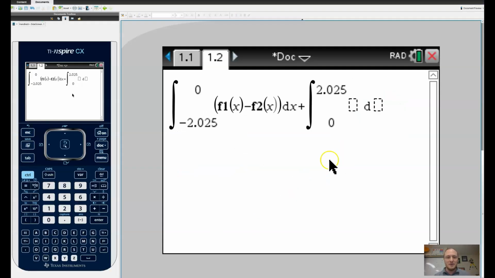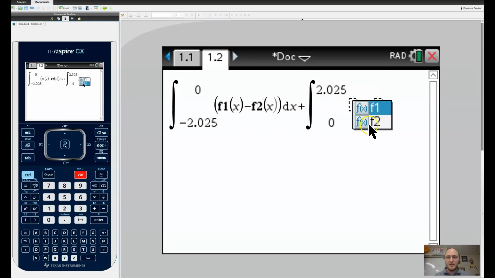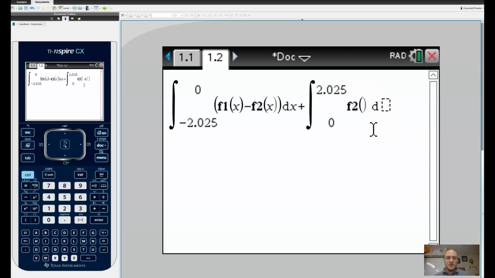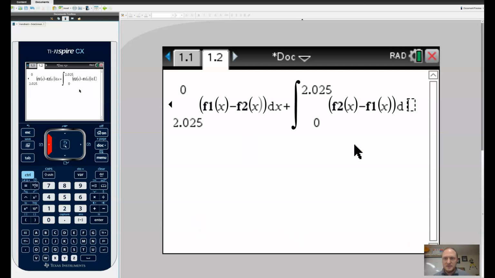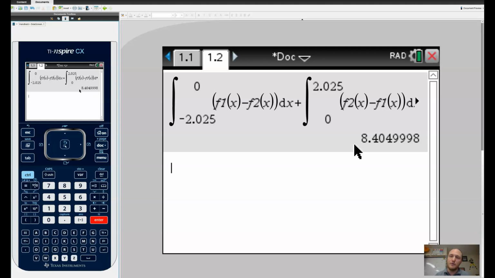So this is going to be f2 of x, which is g of x, minus f of x. Another thing you can do is literally punch in f1, and notice how that pops up, and then I need to enter the variable f1 of x, and I'm going to go over dx. We'll hit enter, and hopefully our answer will pop up.